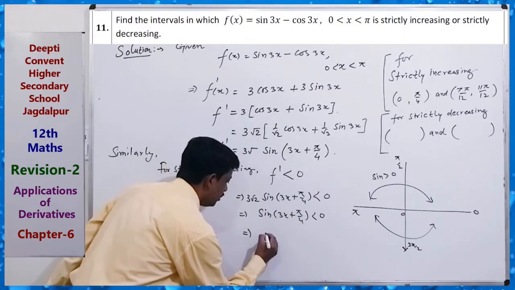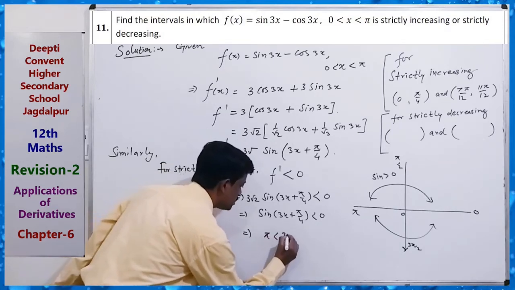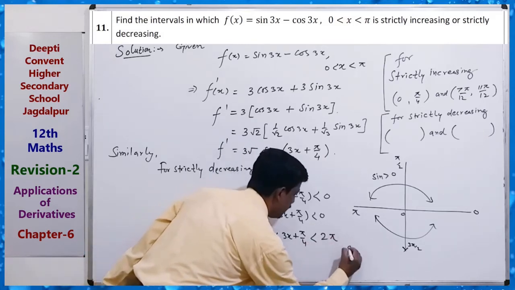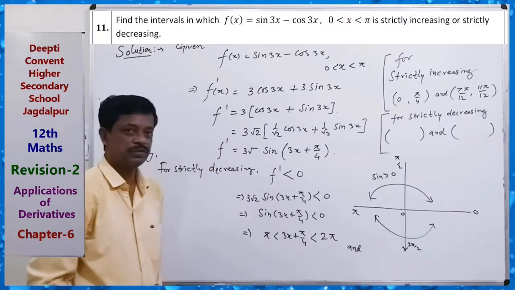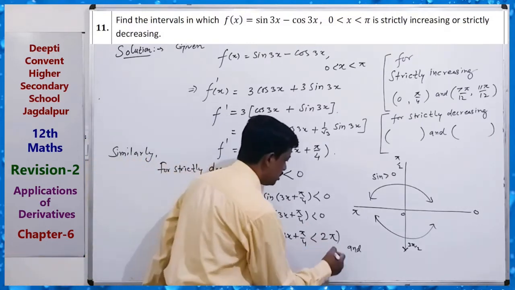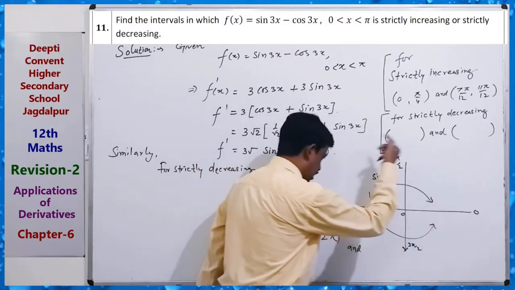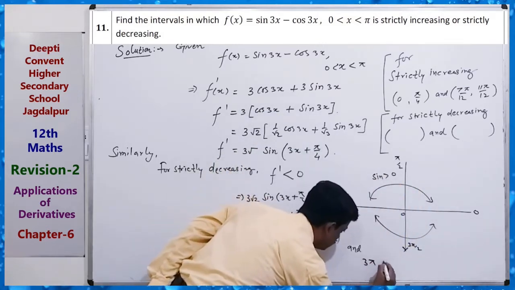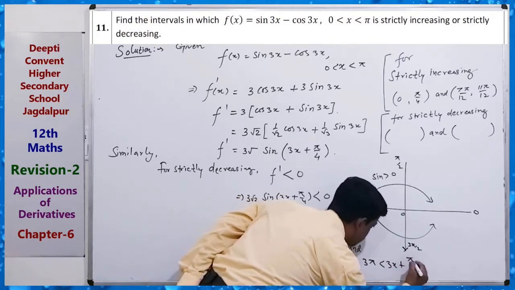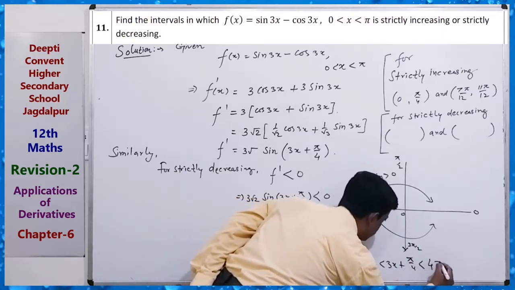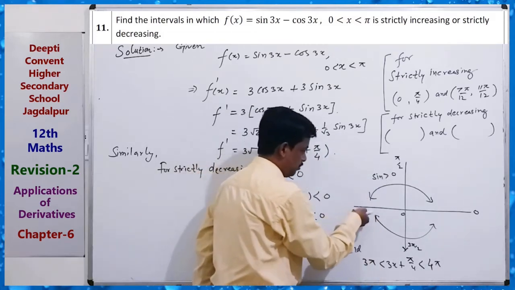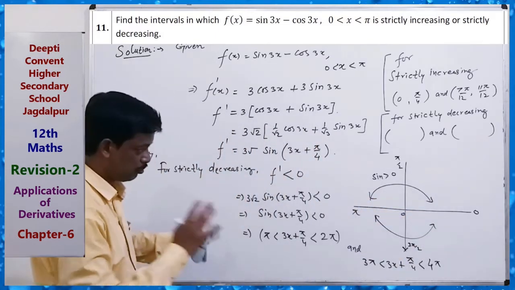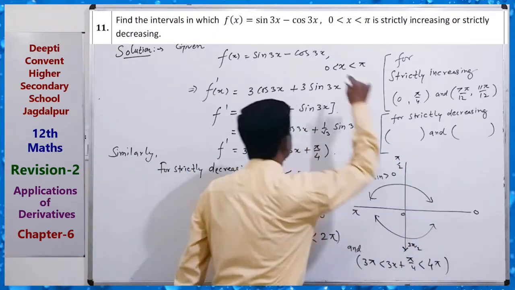So pi less than 3x plus pi by 4 is less than 2 pi, and also here we must take another branch, 3 pi to 4 pi, so 3x plus pi by 4 is between 3 pi and 4 pi. Two intervals, because in both cases we get intervals in between.